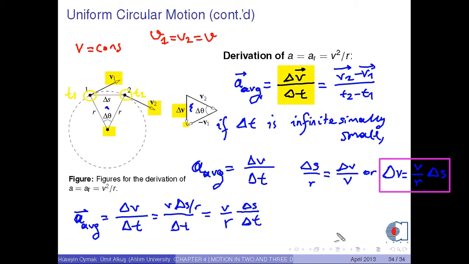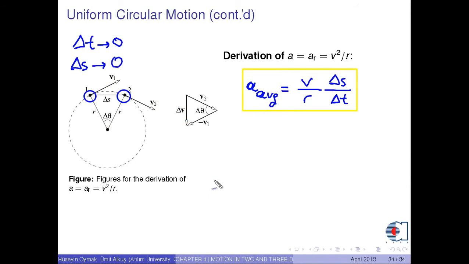We then take the limit of this expression as Δt goes to 0. This means that the distance between positions 1 and 2 is infinitesimally small. In this limit, the ratio Δs / Δt approaches the speed v of the object, and the average acceleration vector a_avg approaches the instantaneous acceleration a, which is the centripetal acceleration a_R of the object.